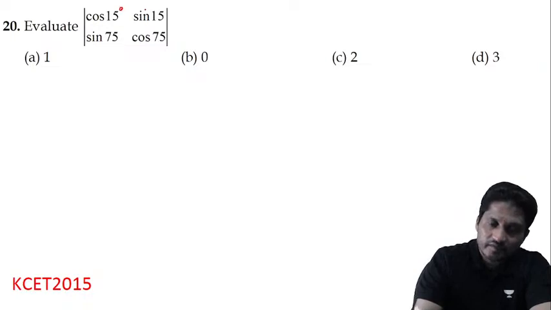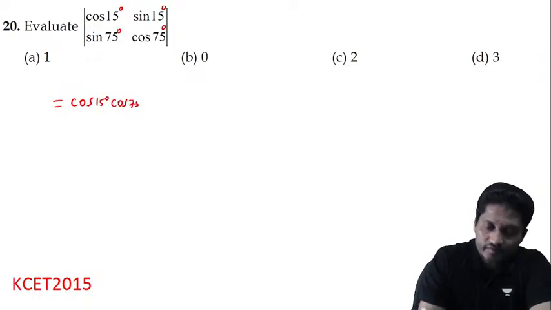15 degree. When this is 15 degree, equal to cos 15, cos 75 minus sin 15, sin 75.